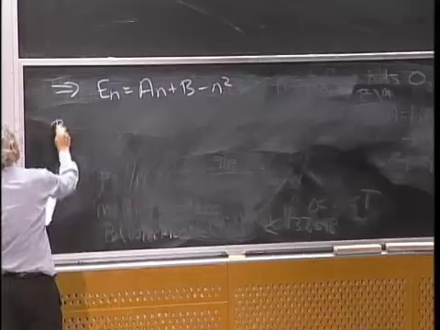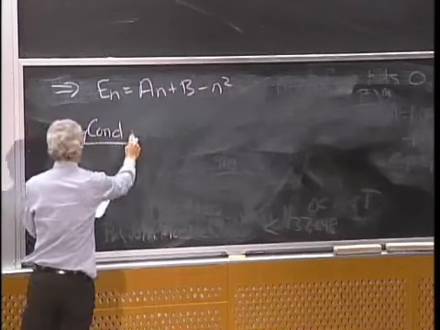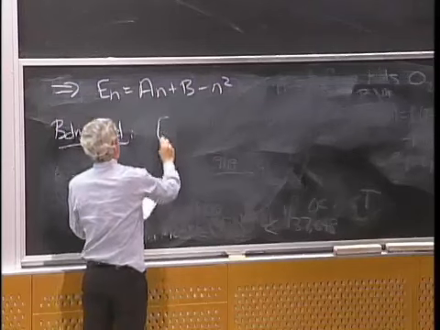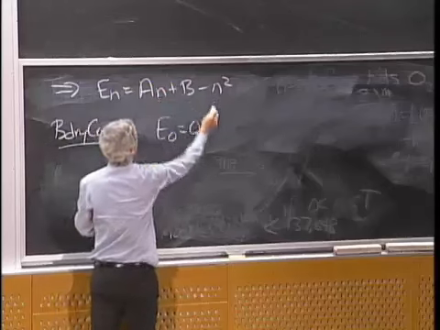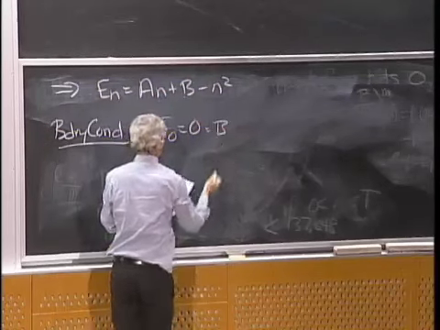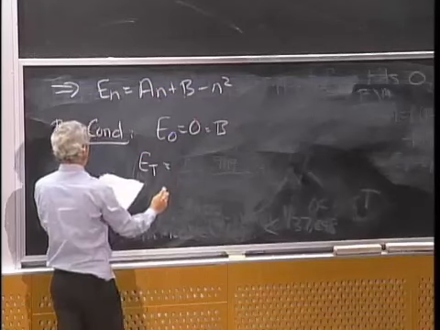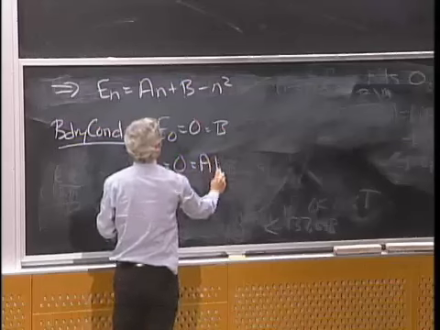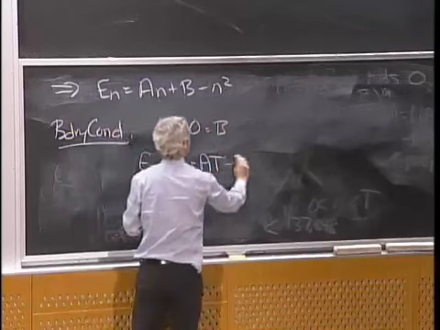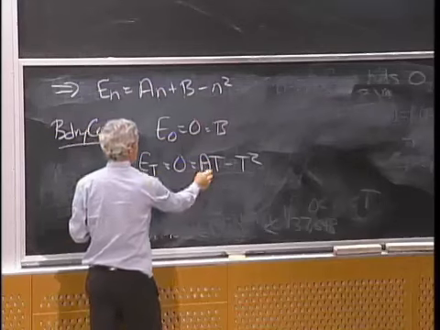Now you do your boundary condition. All right, you have E_0 is 0. Plug in 0 for n, that's equal to b. So b is 0, that's nice. E_t is 0. And I plug in t here, I get at plus b, b is 0, minus t squared. So I solve for a here.